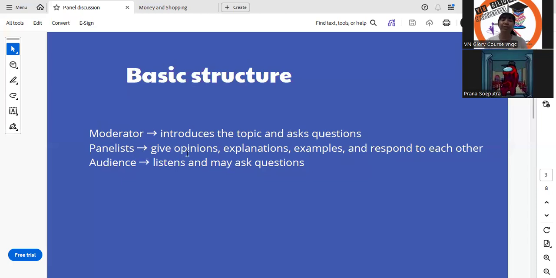the panelists usually give opinions, explanations, examples, and respond to each other. In one panel discussion there are some panelists, such as two or three, and the panelists can respond to each other, or they can give their opinions, their explanations, their examples.